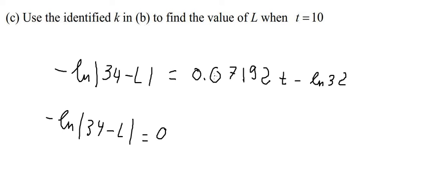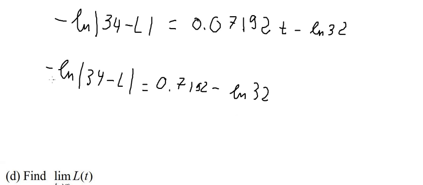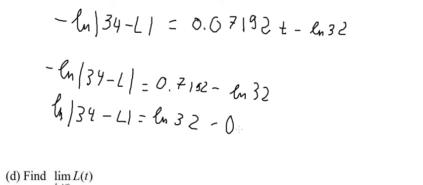10 multiplied by this one, you got about 0.7192 minus ln 32. Next, we put the negative to the right. We have ln 32 minus 0.7192.